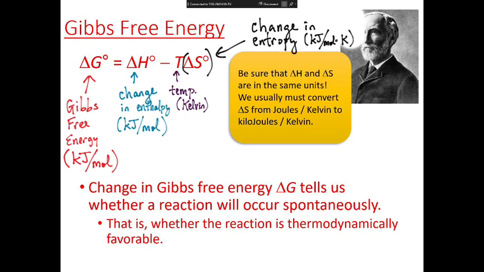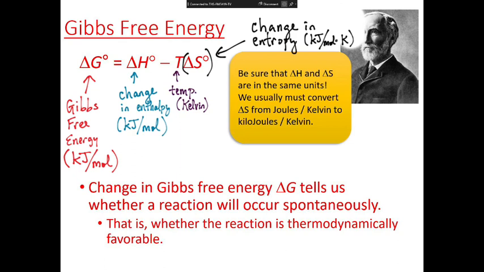What that means is, those entropy values, when you look them up on this table in Appendix C, all these delta S values say joules per mole Kelvin at first. So before you calculate with them, you need to move that decimal 3 places over so that it's in kilojoules.